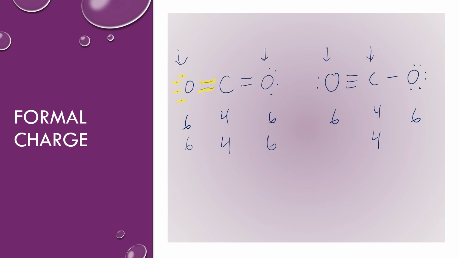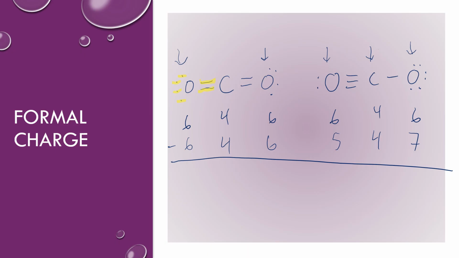For the next oxygen down, I have 3 bonds this time and 2 electrons in a lone pair, so that's 5. My very last oxygen down here, I have 1 bond plus 6 electrons in lone pairs, so that's 7. Then what you do is you subtract.